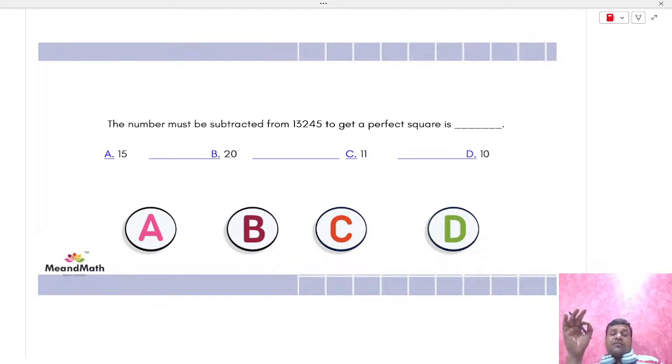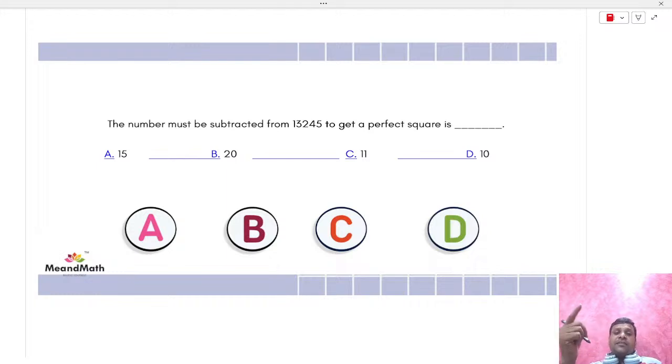If the question is related to multiplication or division, then we use the prime factorization method. If you have to add or subtract to find the number, then use the long division method. There are two methods to find the square root: first the long division method, and second prime factorization. So there are two types of question.